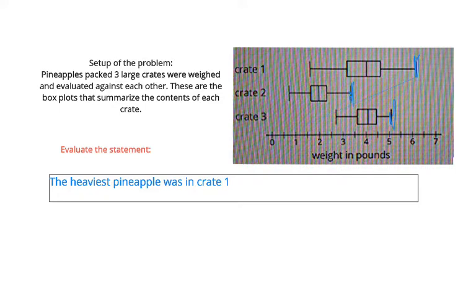In crate 1, we have the 6 pound huge pineapple. In crate 2, we have the 3.5 pound, sort of average smallish pineapple. And in crate 3, we top out at a 5 pounder. So according to this whisker plot, this statement is also true.